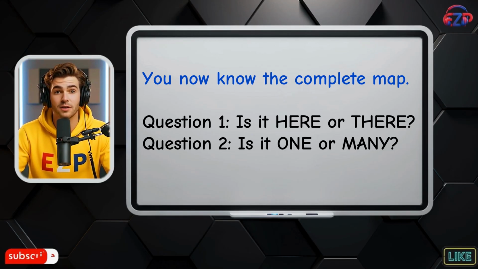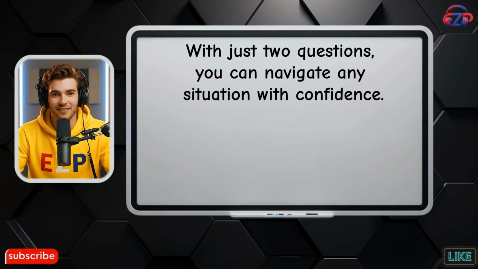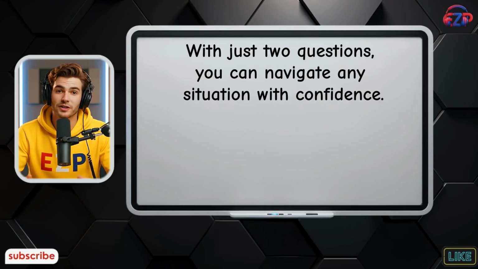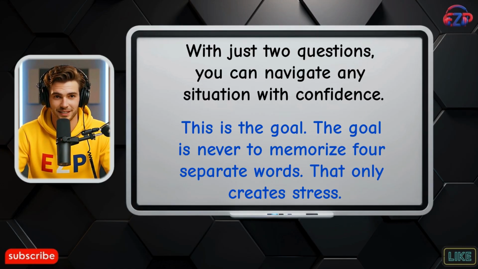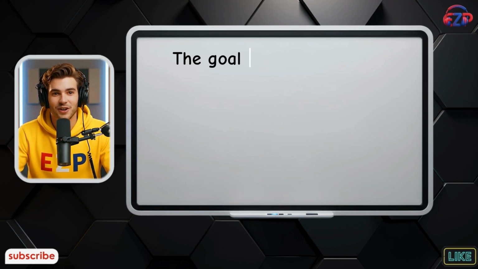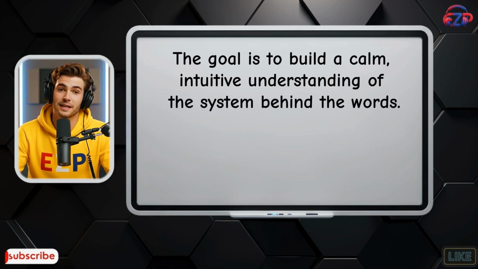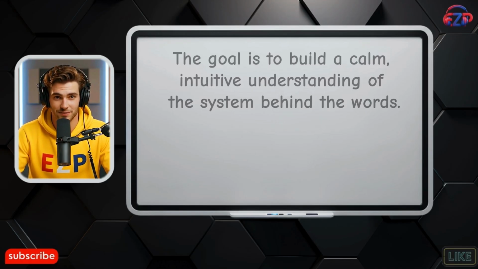Is it one or many? With just 2 questions, you can navigate any situation with confidence. This is the goal. The goal is never to memorize 4 separate words. That only creates stress. The goal is to build a calm, intuitive understanding of the system behind the words.